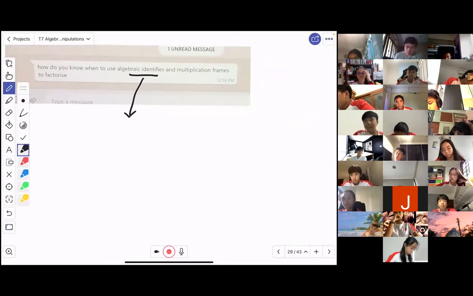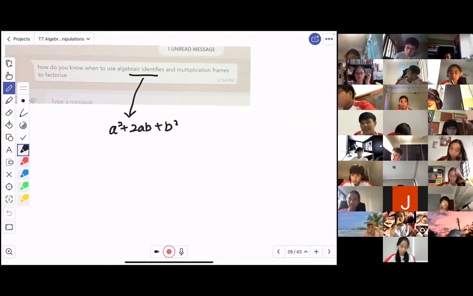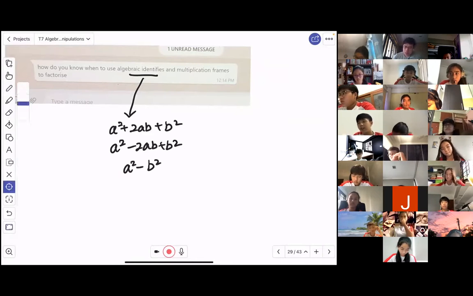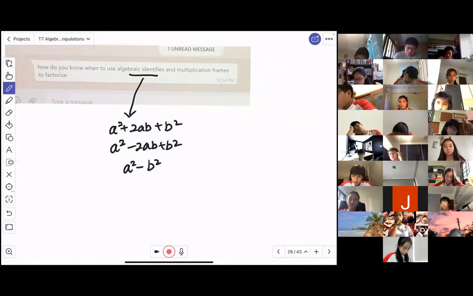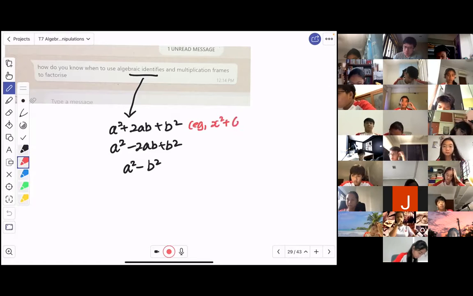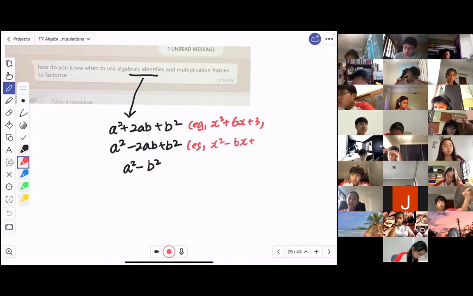So for algebraic identities, you have to see that it is either of the form a square plus 2ab plus b square, or a square minus 2ab plus b square, or a square minus b square. Your algebraic terms will look something like that. Example, x square plus 6x plus 3, or x square minus 6x plus 3.